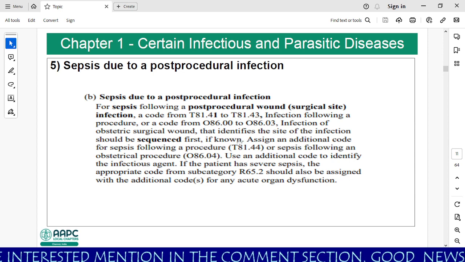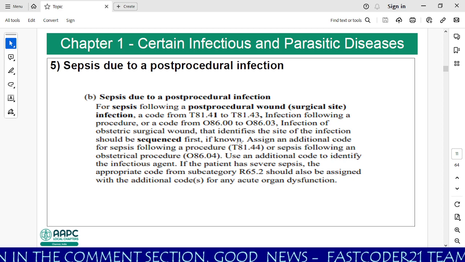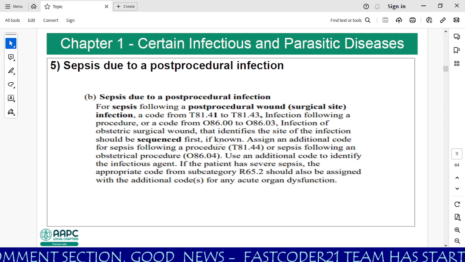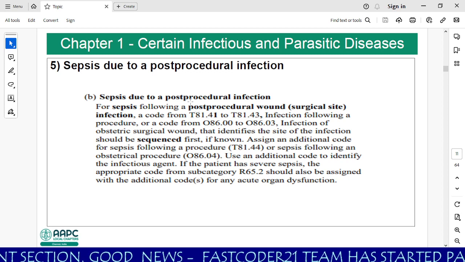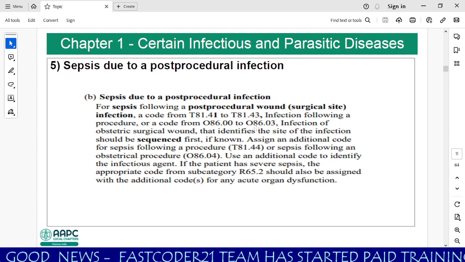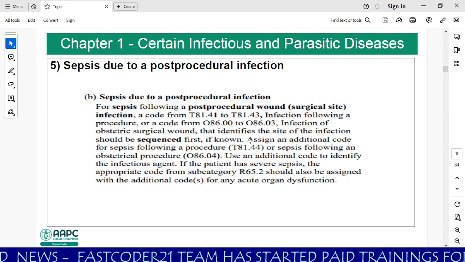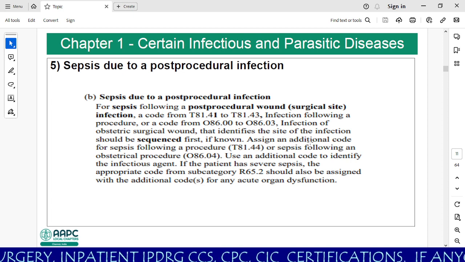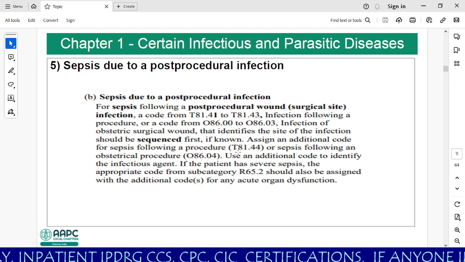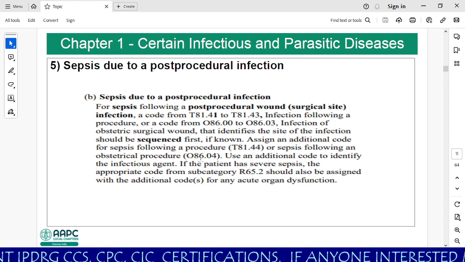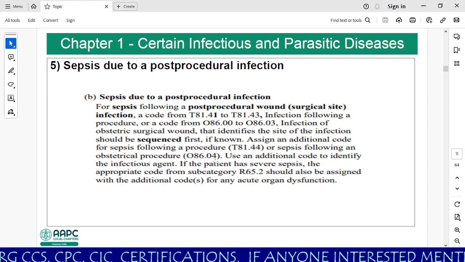So basically, if the patient has sepsis following a post-procedural wound infection, we need to code T81.41 to T81.43 as the first listed diagnosis. And we also need to assign an additional code for sepsis following a procedure, T81.44, or sepsis following an obstetrical procedure, O86.04.